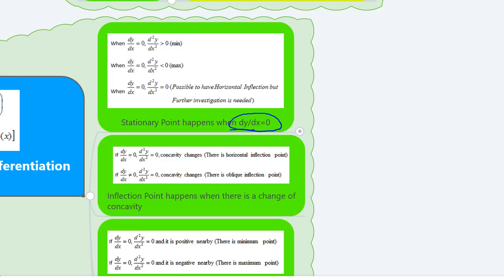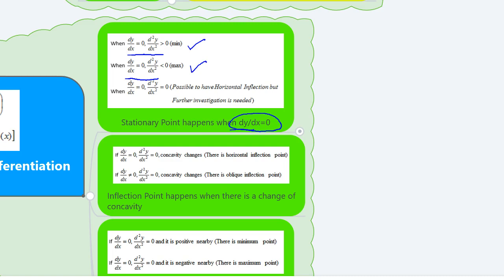If your first derivative equals 0 and second derivative is more than 0, then we will have a minimum point. If first derivative equals 0 and second derivative is less than 0, then we will have a maximum point.